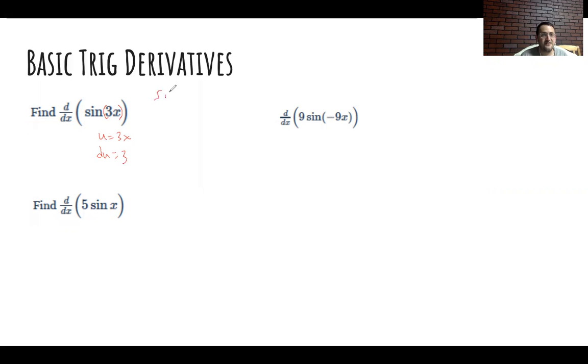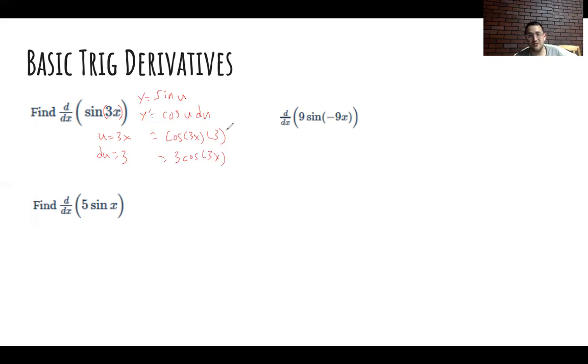So if I'm doing the sine of u, like let's say that's my function y, the derivative would be cosine of u du. So then I just substitute in. I got cosine of 3x times 3. And the convention is that we put that 3 in front of the cosine 3x.